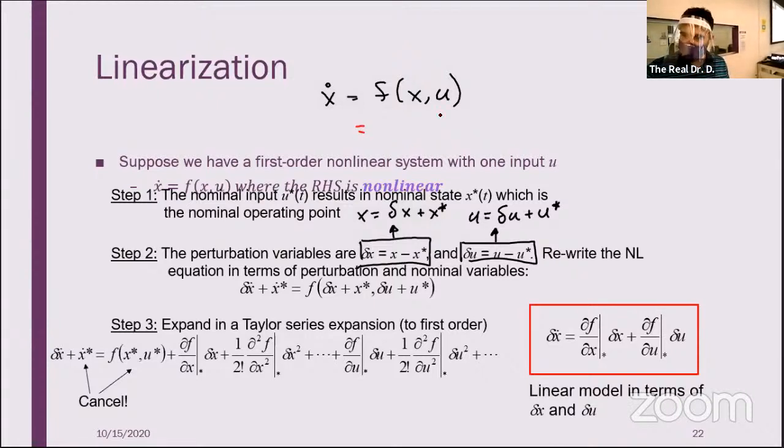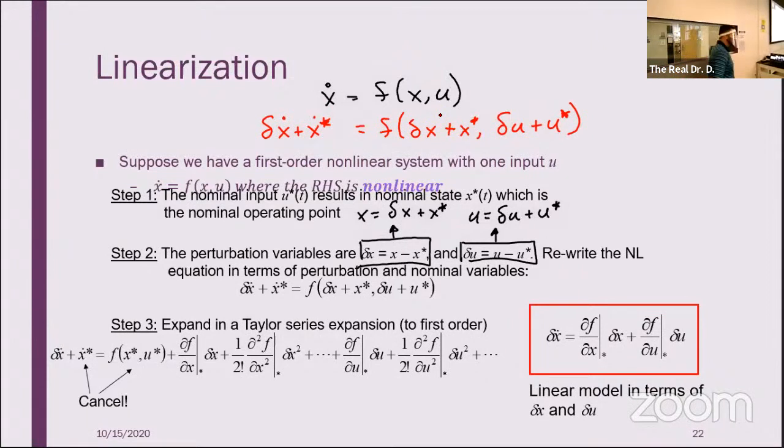And so I'll get that this is a function of delta x plus x star and delta u plus u star. If I take the derivative of x, I end up with this, which is the equation that's underneath.